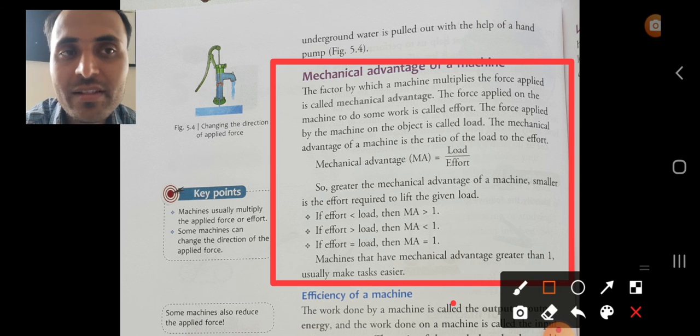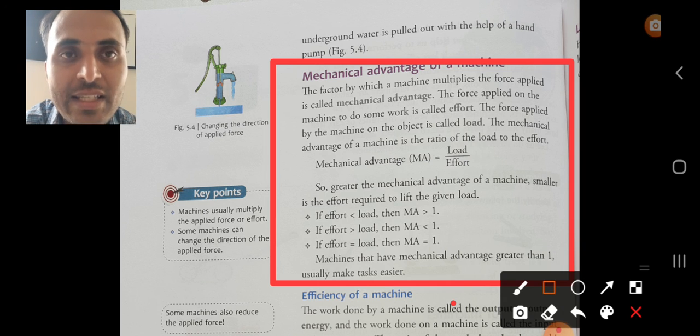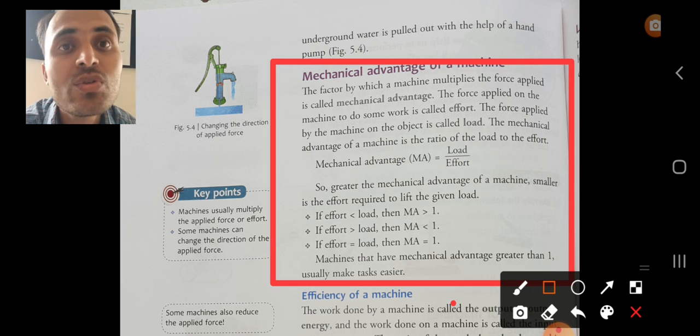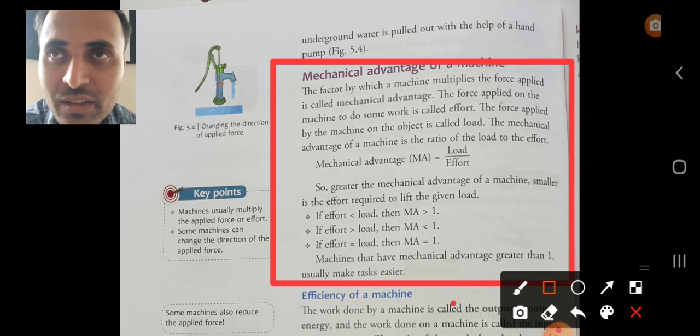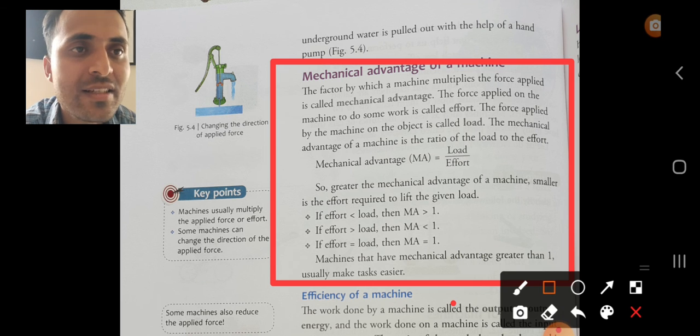The definition: the factor by which a machine multiplies the force applied is called mechanical advantage. It means how much the force is increased and how the machine utilizes it in order to complete any work or task.